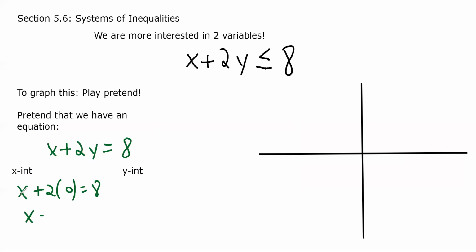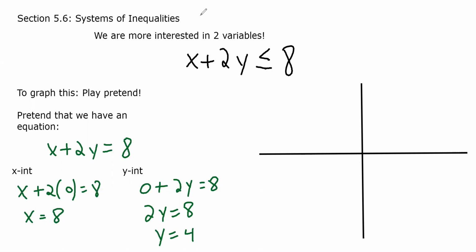So you're just going to have x equals 8. Your y-intercept is found by assuming a 0 for x. So that's going to be an x-intercept of 8, 0.